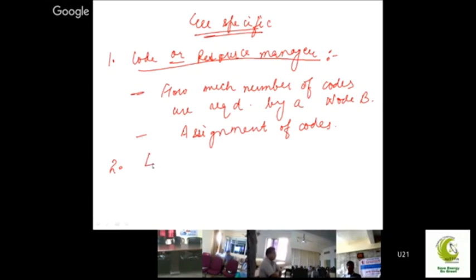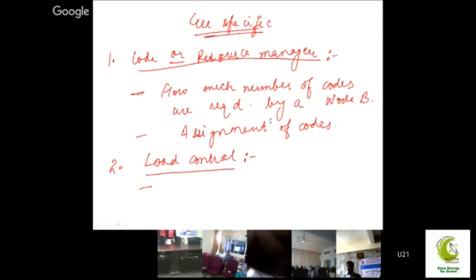Second, load control. What load control sees is the maximum number of users, or it controls the maximum number of users.